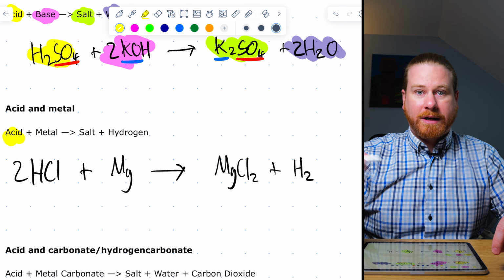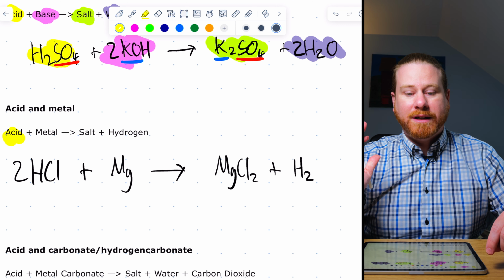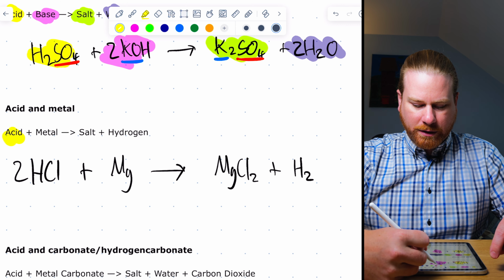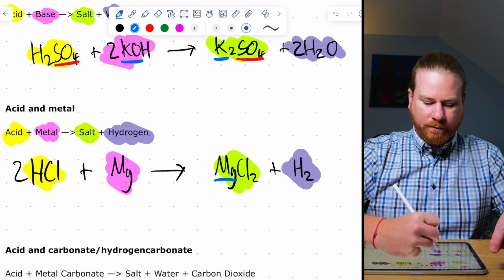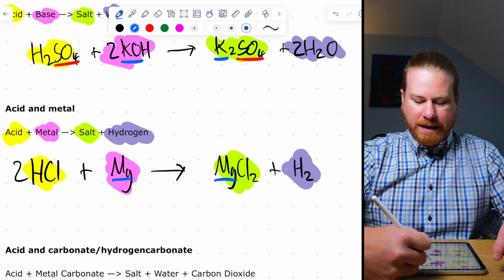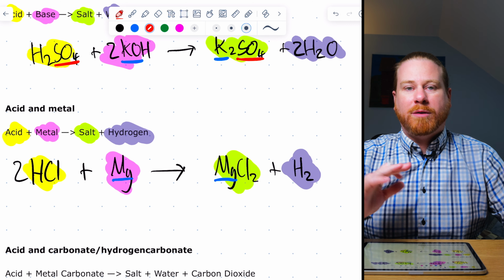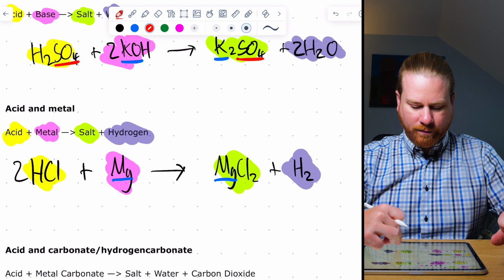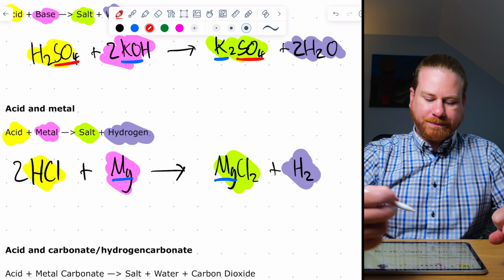Then again we are getting a salt, and this time we are getting hydrogen. A quick look at the salt again: we've got the metal part and a non-metal part, and again we can see the non-metal part is coming from that acid.